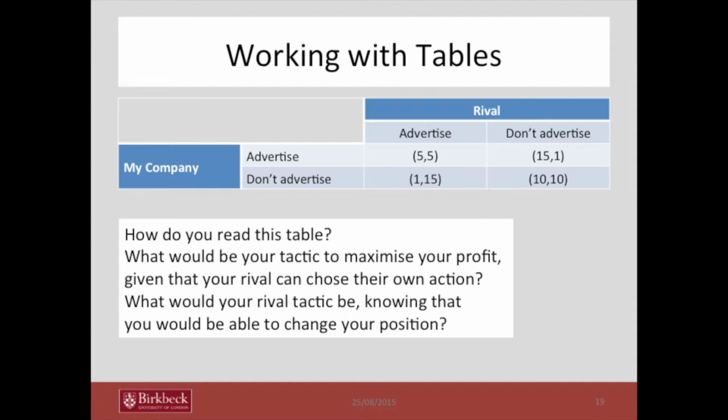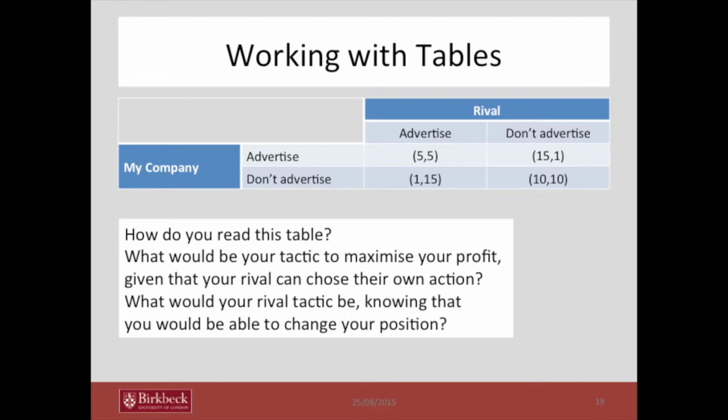So here's the scenario. You run a company, and the company you are competing against is also producing similar products. The question is now, should you advertise or should you not advertise? When would you get a higher profit? What would be better for you?